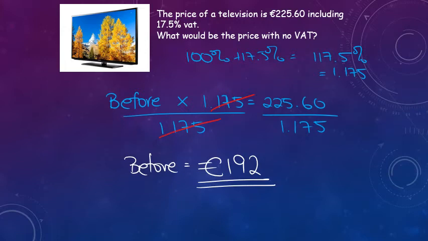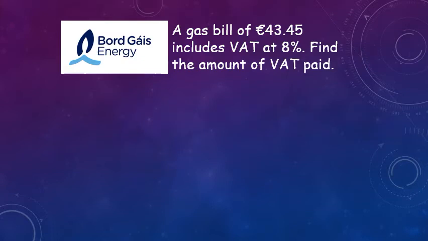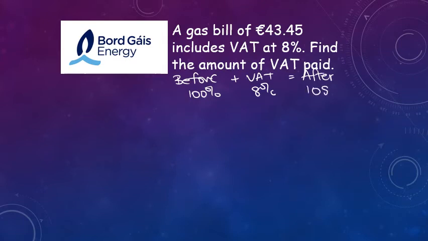Don't worry, we'll do some more examples. So a gas bill of €43.45 includes VAT at 8%. Find the amount of VAT paid. So you would have started off with your price before, which is 100%. You would have added on your VAT, which is 8%, and you would have been left with your price after VAT has been added, or including VAT, and that's 108%.